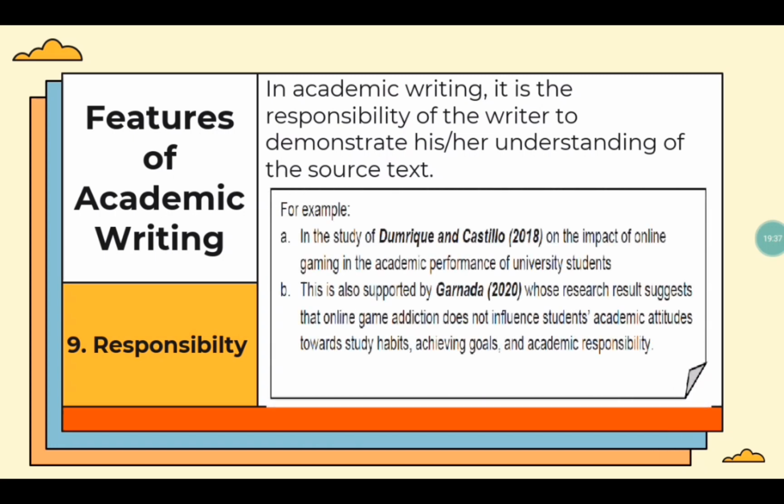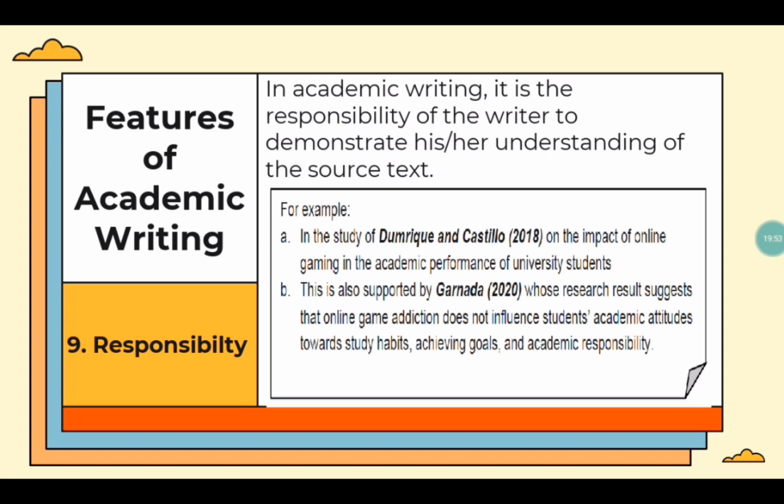For example, in the study of Dominique and Castillo in 2018 on the impact of online gaming on the academic performance of university students.